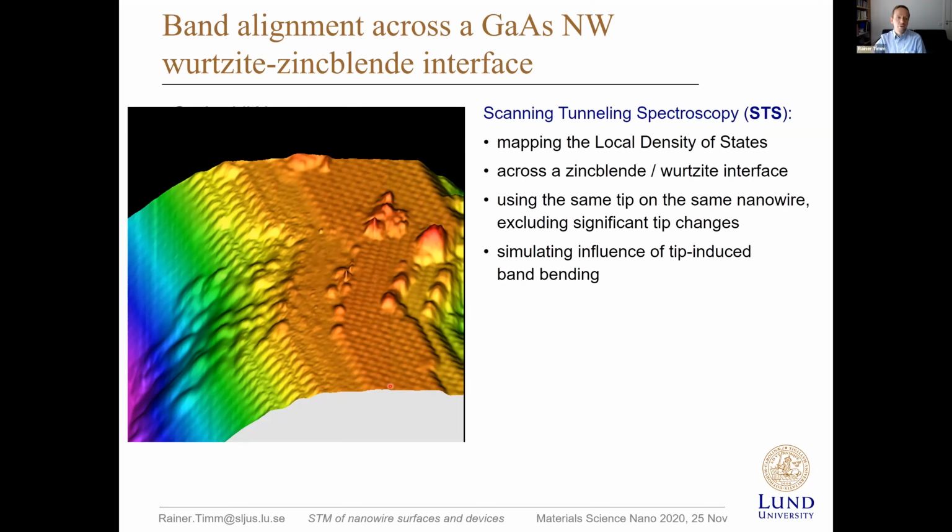The advantage of doing it on such a structure is that we can position our tip at the different places, at the hexagonal structure, at the cubic structure, and back at the hexagonal structure. So we can be sure, without changing our STM tip, which can give different electronic properties as well. Staying in the same conditions on the same surface, just by moving across the interfaces, we can compare the electronic footprint of the different structures.